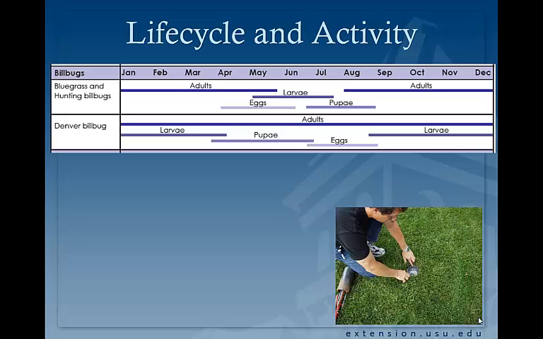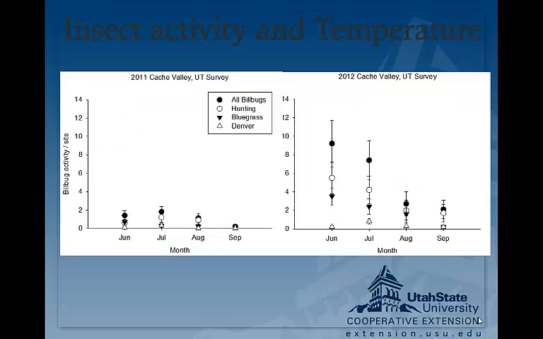Now when it's cool, the opposite is true. It's just like us. At least for me, when I get up and it's really cool, it's hard for me to really get going. I have to get my blood flowing, but it's hard to do that when it's cold. So with insects, their metabolism is slowed down, their development is slowed down. So in cool, wet springs, things are going to be slower. I have this data for billbugs in 2011 in Cache Valley.